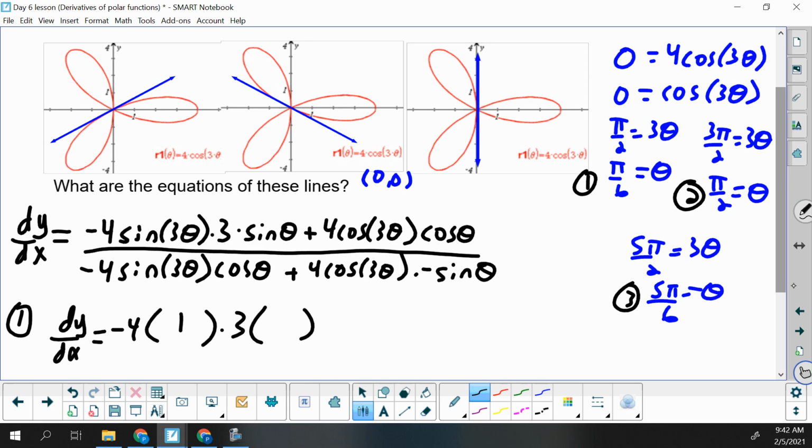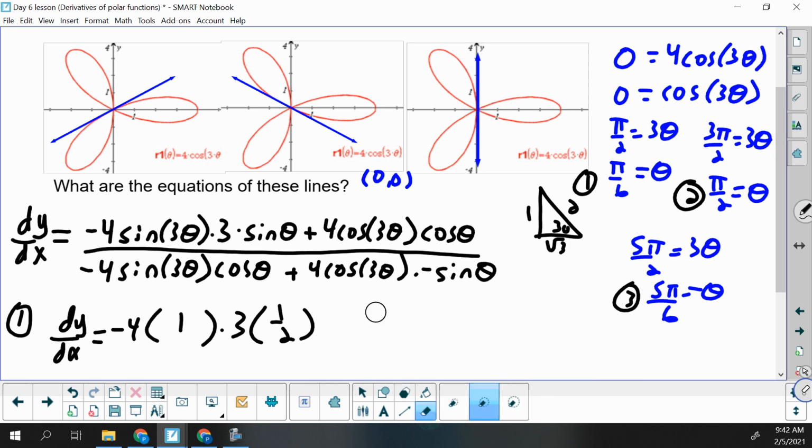Sine of pi over 6 is 30 degrees, so we're putting in a half. Then we've got 4 plus 4 something times something. Well, when we put pi over 6 into 3 theta, we get cos of pi over 2. Cos of pi over 2 is just 0. And then cos of pi over 6 is square root of 3 over 2.